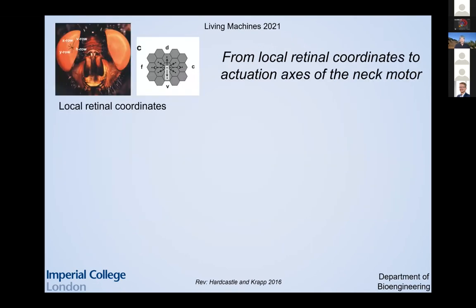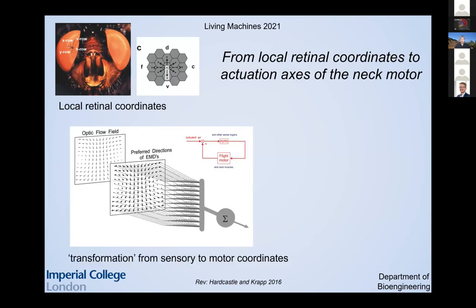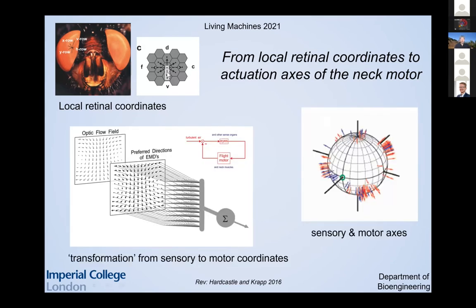Well, here is a very, very simple and in principle a very efficient way of turning local sensor signals from elementary movement detectors into information that's presented to the motor systems exactly in the same sort of coordinate frame they need to control.